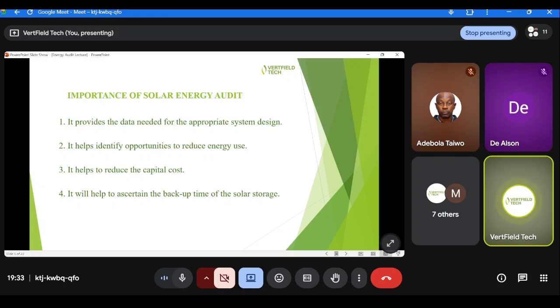How does solar energy audit help you to ascertain the backup time of your solar storage? In the course of this study, we are going to be studying what we call the required number of batteries.